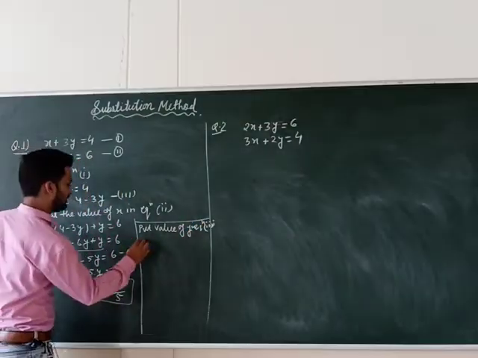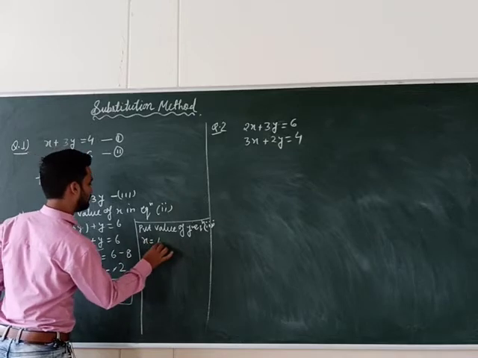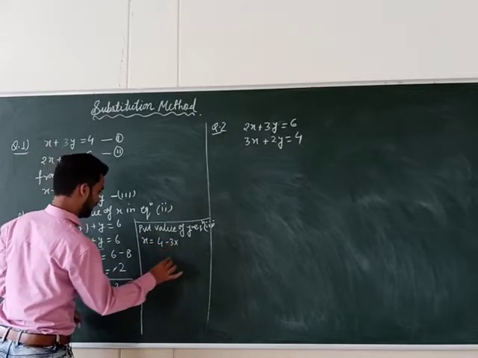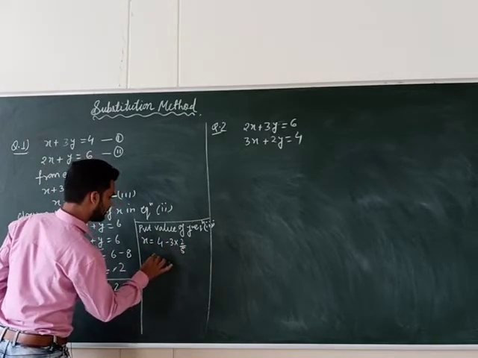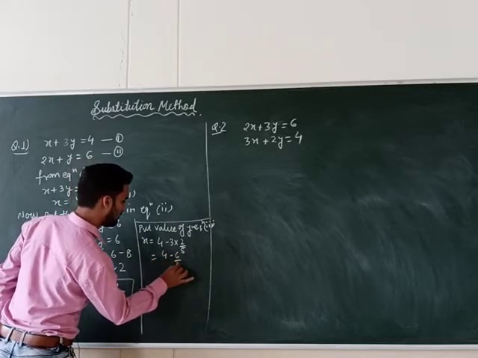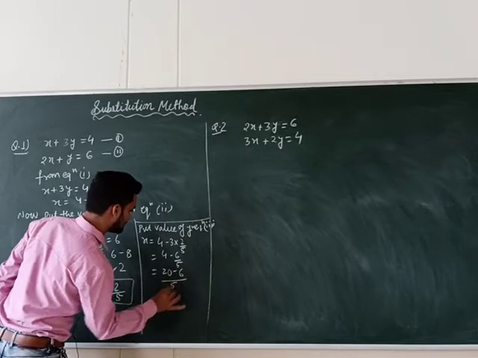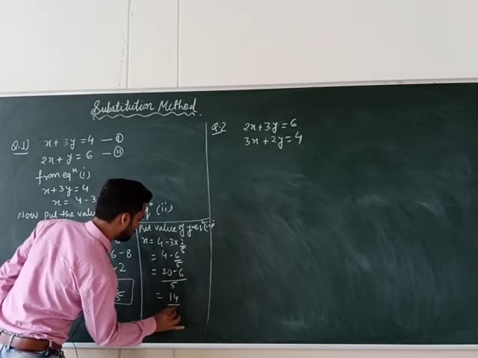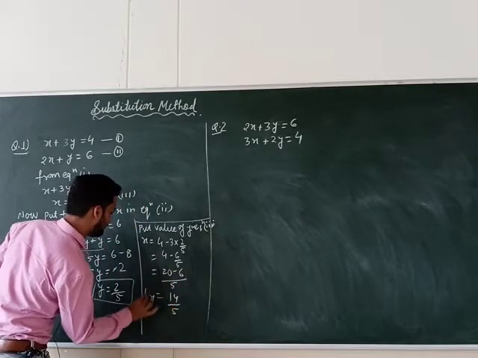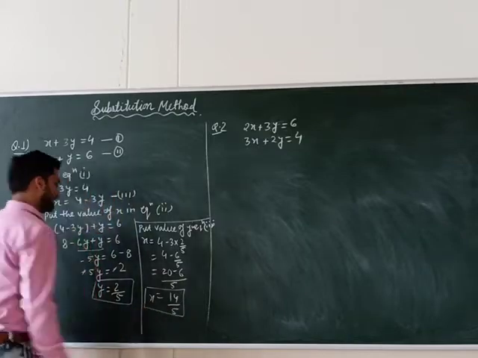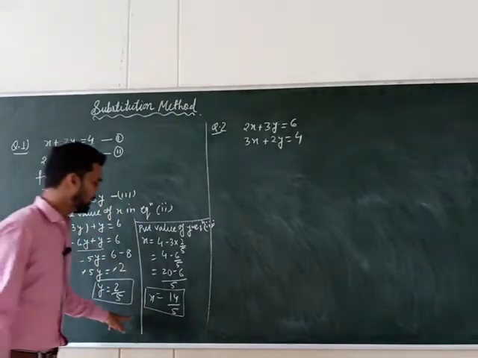So this will be x is equal to 4 minus 3 into the value of y, which is 2 by 5. So this will be 4 minus 6 by 5. After taking LCM 5, this will be 20 minus 6, this will be 14 upon 5. So the value of x is coming 14 by 5 and the value of y is coming 2 by 5.